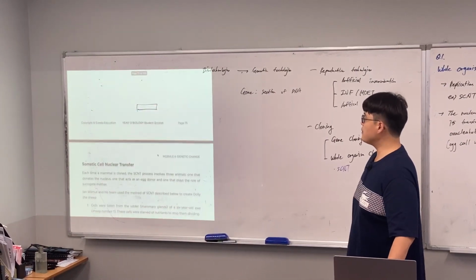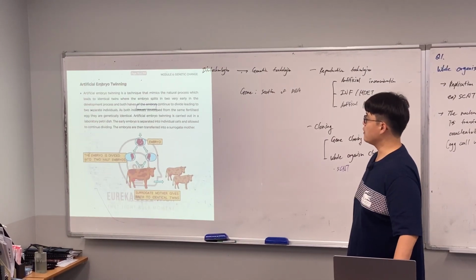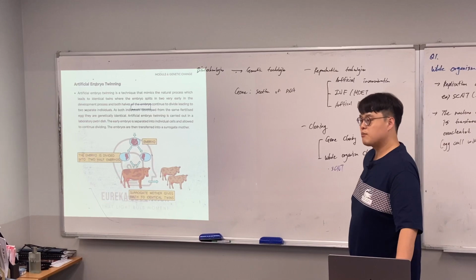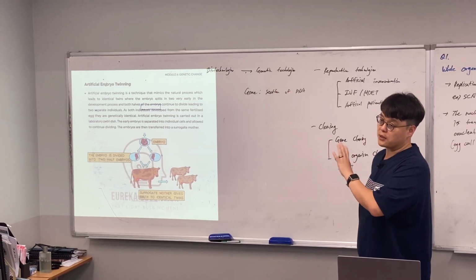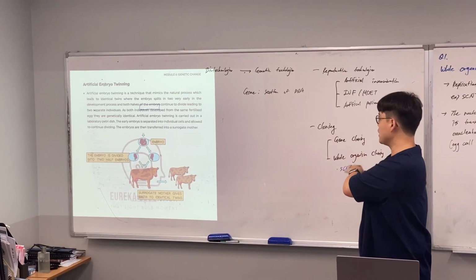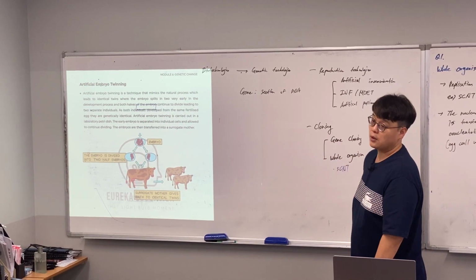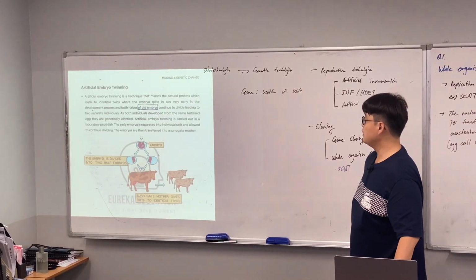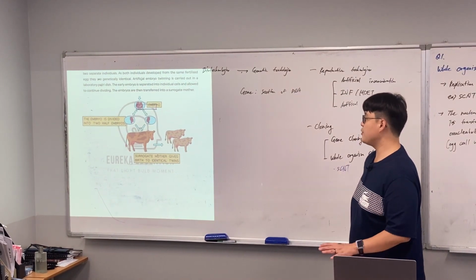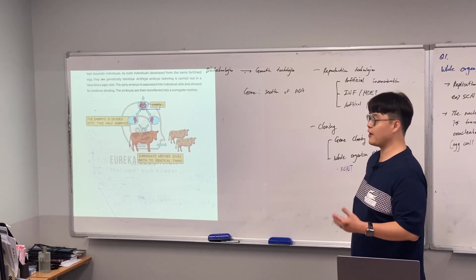Now, the reason why I'm not talking more about artificial embryo twinning is because this is something we don't really go for a lot. That has a chance of failure too. But this is one type of whole organism cloning as well. Does that make sense? And by the way, putting the embryo into a roller coaster doesn't mean that they're divided into two.